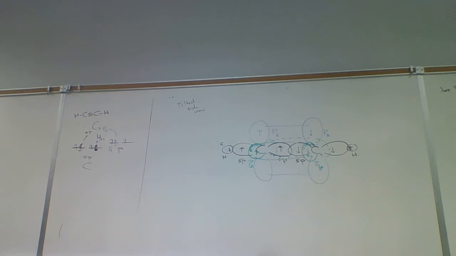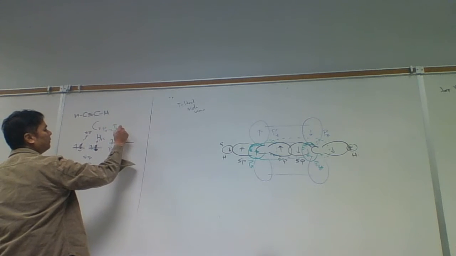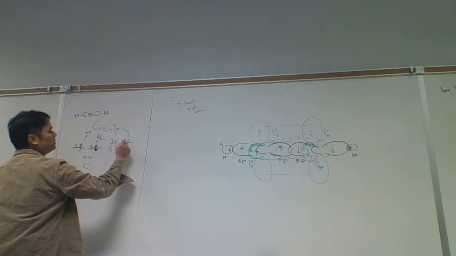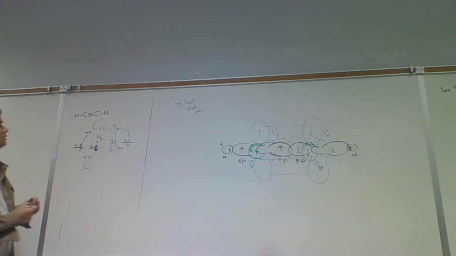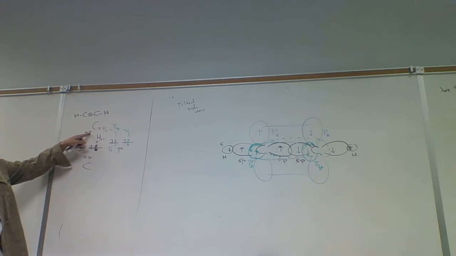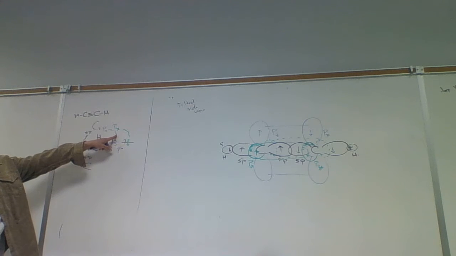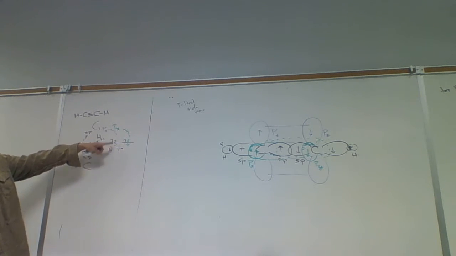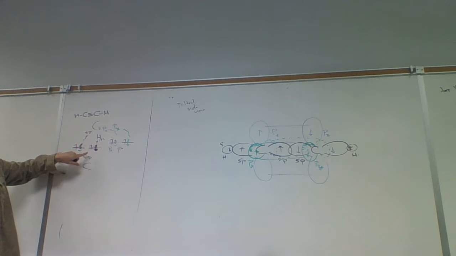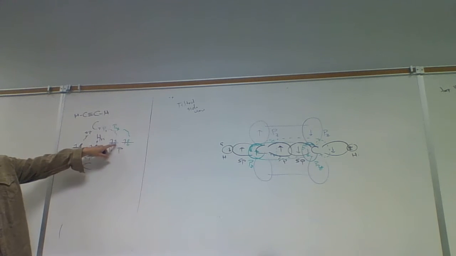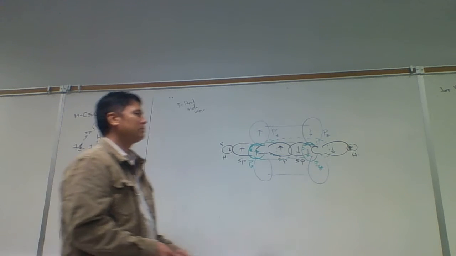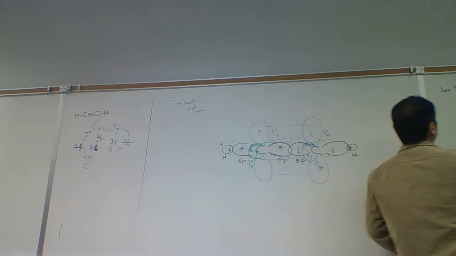Even though I draw 4 lines connecting those two orbitals, it's just still one bond. It's py. py comes in here and bonds here. You see this carbon bonds with 3 orbitals, making a triple bond. We're going to have 1 sigma bond and 2 pi bonds. If we were to map the electron density, it would look something like this.